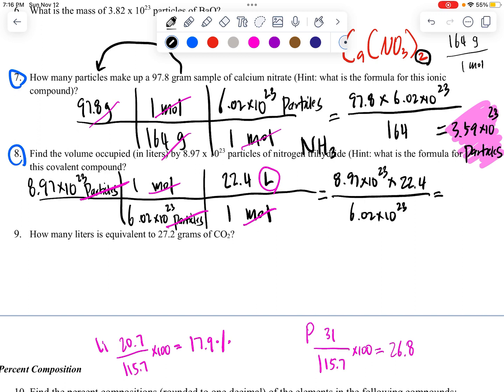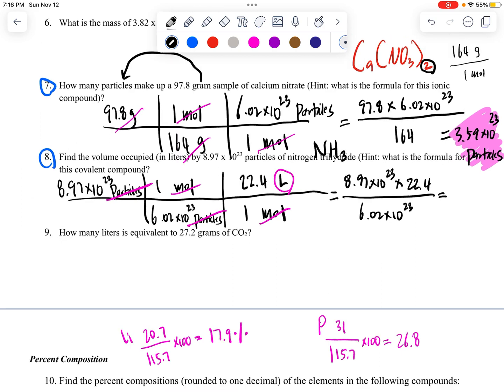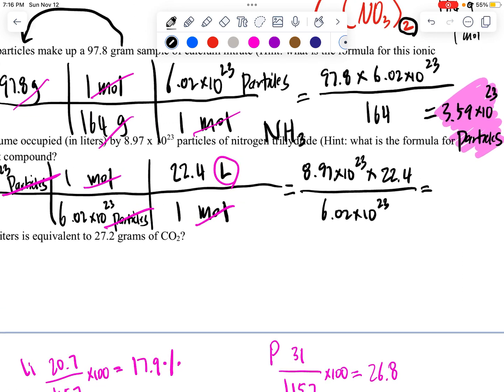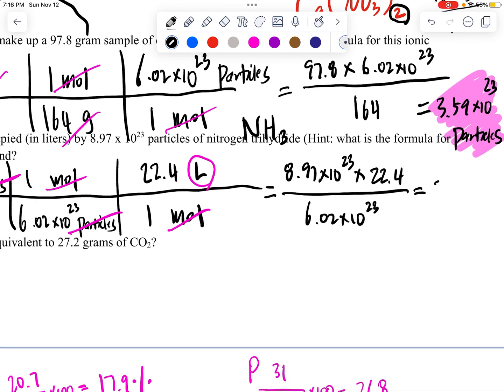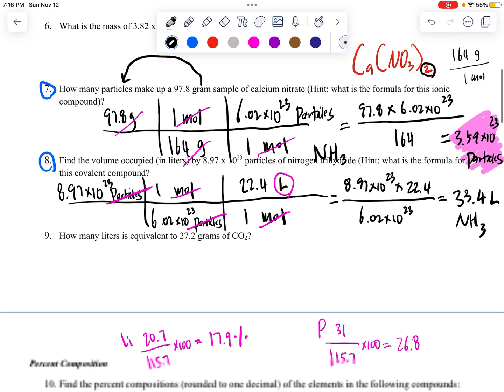Multiply by 22.4. Now I'm going to divide all of that by 6.02 EE 23rd power. That will give me 4 liters of NH3. Done. Wasn't that easy? That's it, guys.